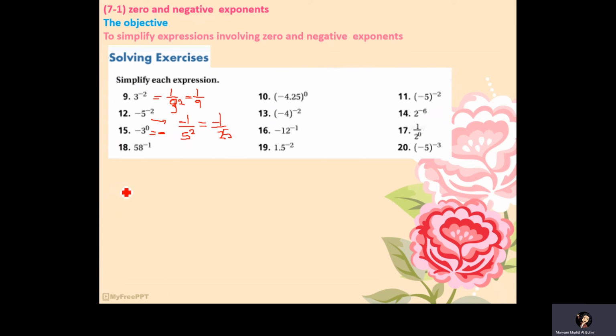Please be careful. So keep in your mind, note again, -3 to the power 0 equals -1. Because that is negative, I drop it, that is 0. While if you have (-3) all to the power 0, that is 1, not -1. So please be careful.